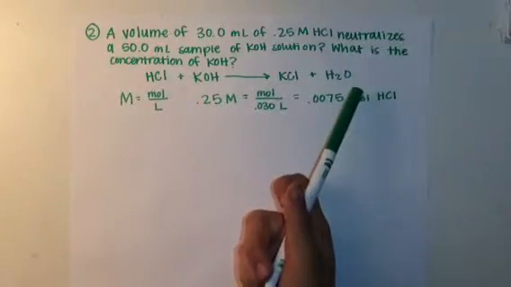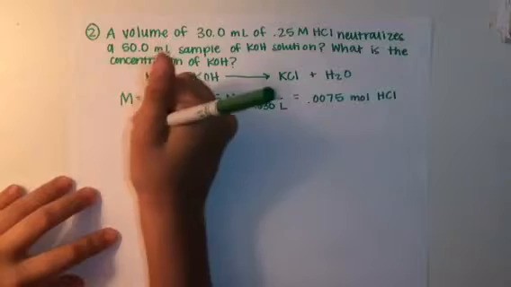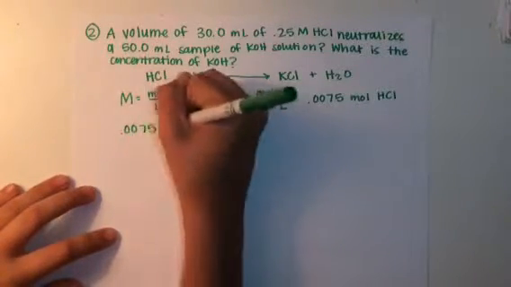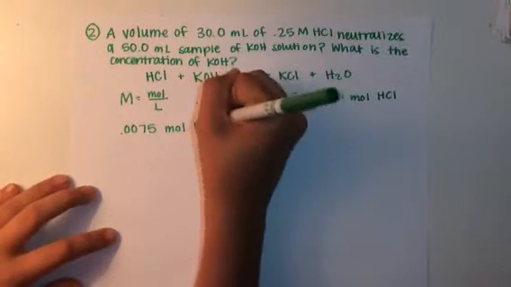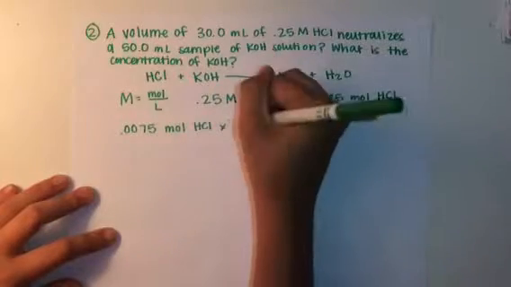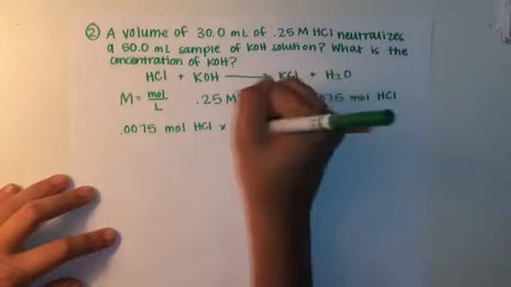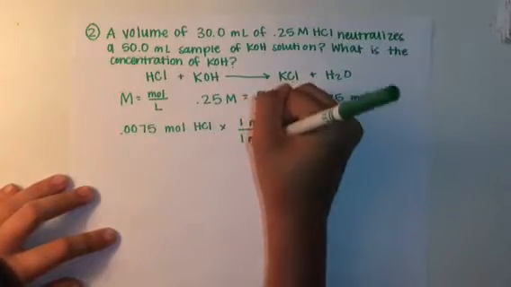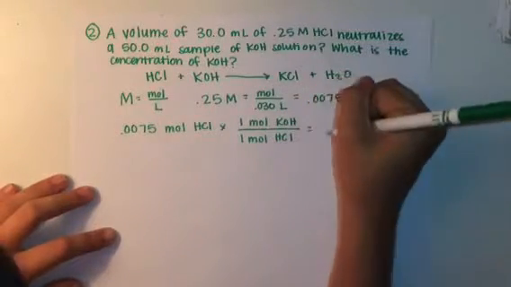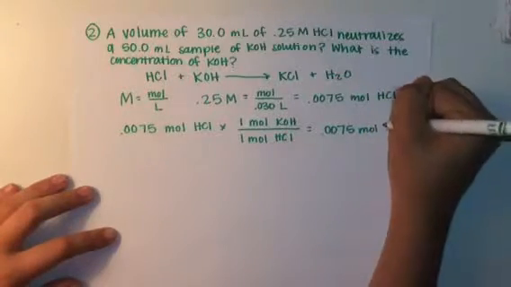Now we convert moles of HCl into moles of KOH by multiplying 0.0075 moles of HCl by 1 mole KOH over 1 mole HCl, canceling out HCl, which equals 0.0075 moles of KOH.